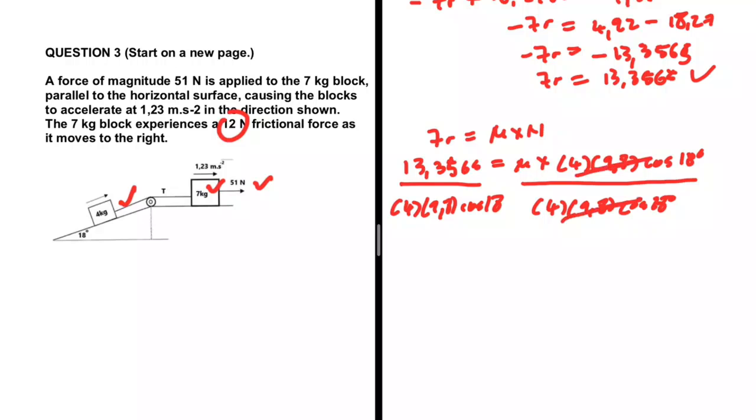So 13.3565 divided by 4 multiplied by 9.8 multiplied by cos of 18. Let me put that in my calculator, and I'm getting the coefficient equals 0.358. So that's 0.36. And there we go, we have our final answer. There's no SI unit for the coefficient of kinetic friction, so we leave it like that.